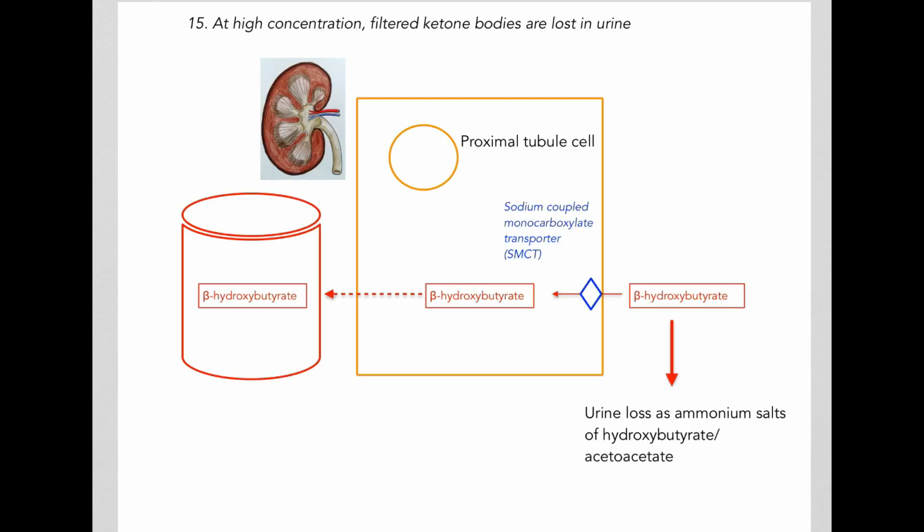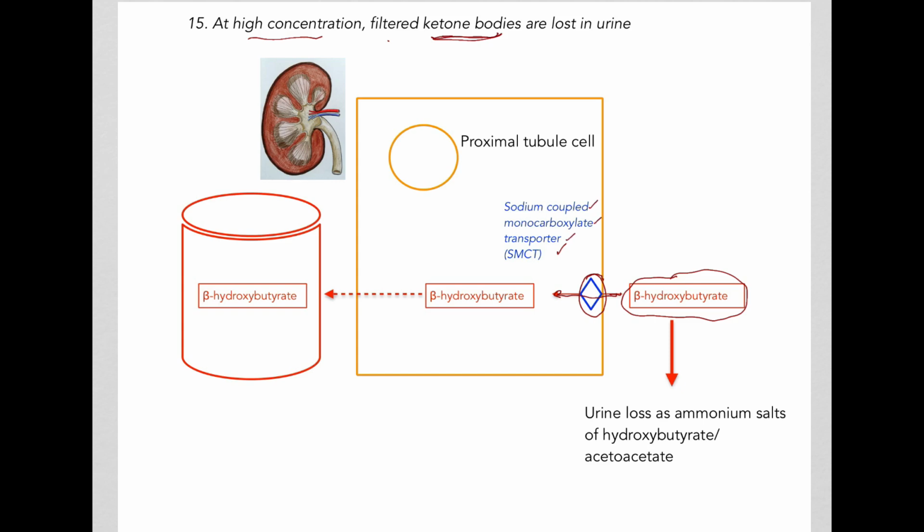When the concentration of ketone bodies gets very high, remember ketone bodies are small and very water soluble. A ketone body like beta-hydroxybutyrate, when present in very high concentrations, saturates the proteins that can reabsorb beta-hydroxybutyrate. This protein is SMCT, sodium coupled monocarboxylate transporter.